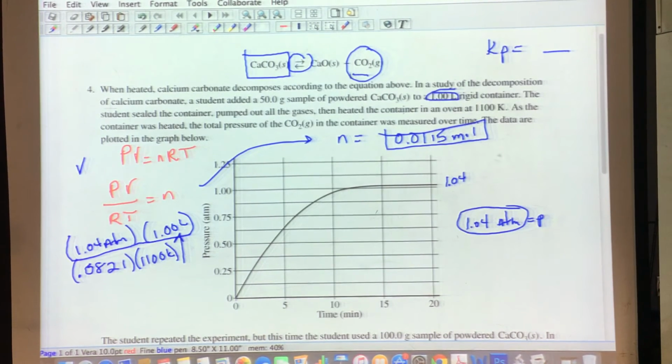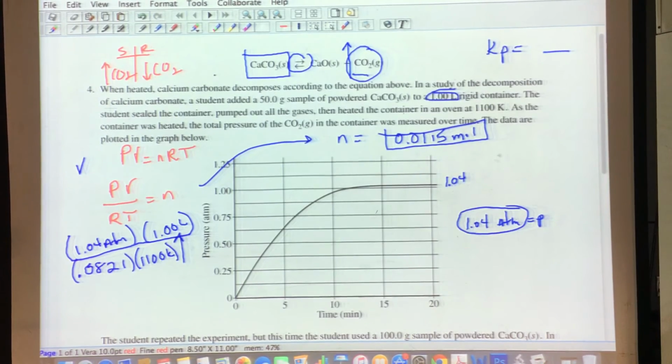We increase the CO2. Again, Le Chatelier's principle, stress response. If I increase CO2, the reaction is going to look to what? Decrease CO2 to get back to equilibrium.